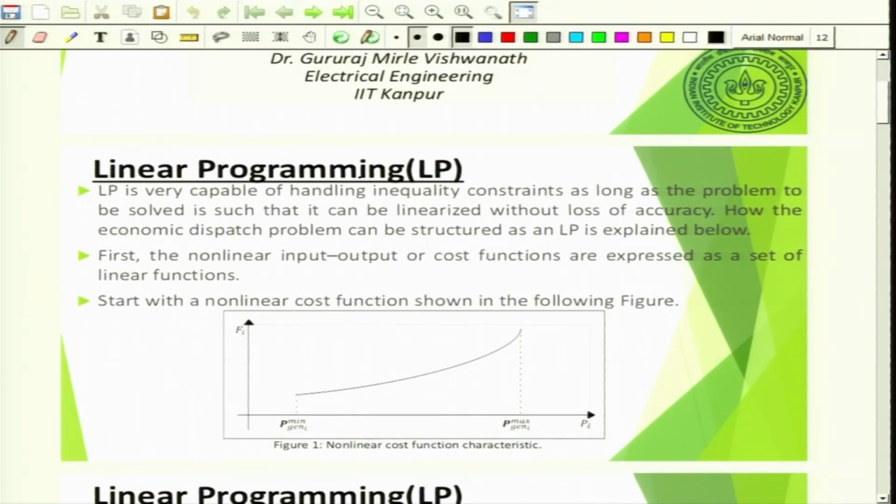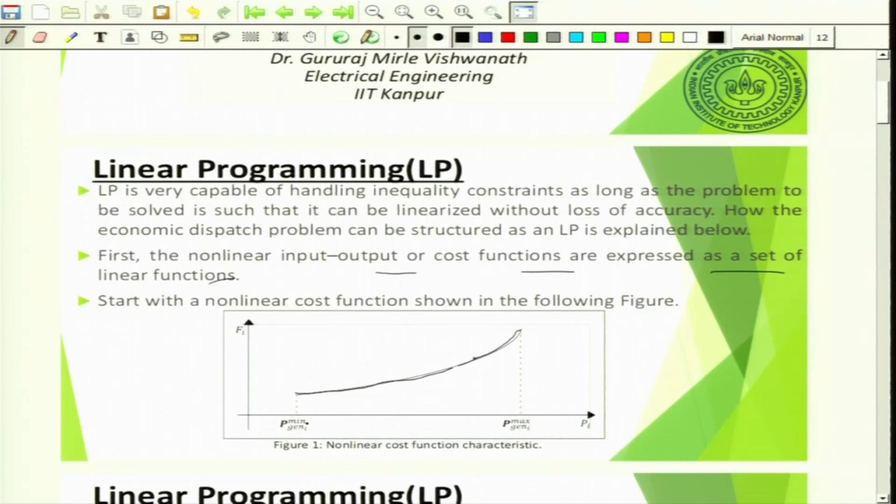Let us say first the nonlinear input output characteristics or cost functions are expressed as a set of linear functions. So start with the nonlinear cost function as shown in the following figure. Let us take a specific generator which has a nonlinear characteristic curve as it looks like this, and it has its minimum generation and a maximum generation point.